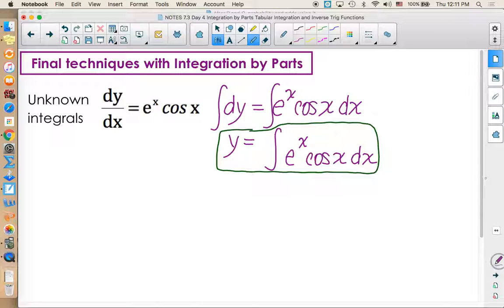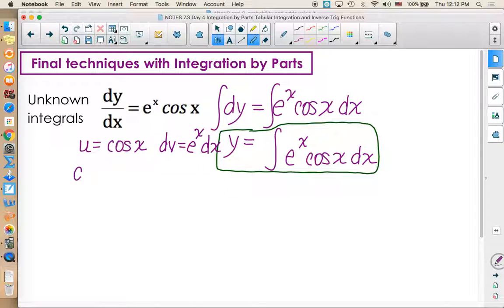As we go to take this one apart by parts to do the initial integration, I would go through LIATE, and I would pick as my u trig, because it's the first thing in the list that I have in my expression, and then I'd pick my dv to be that e to the x dx.